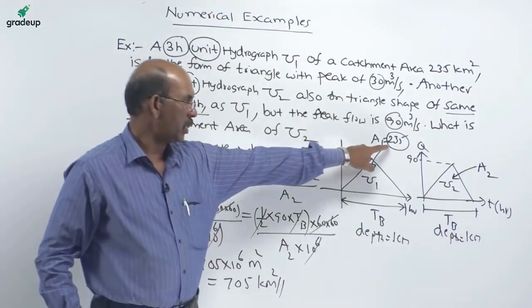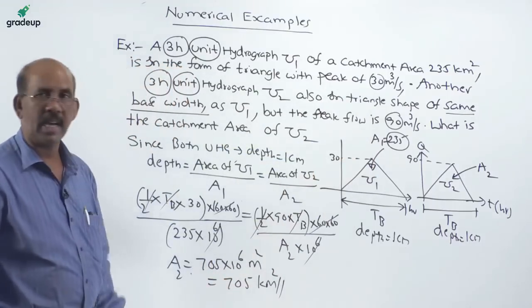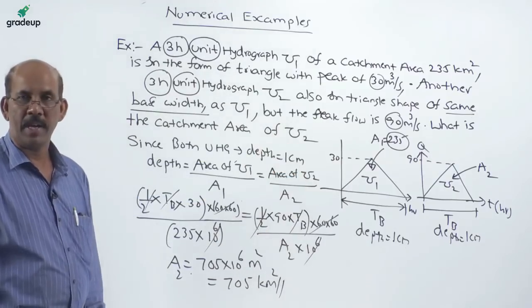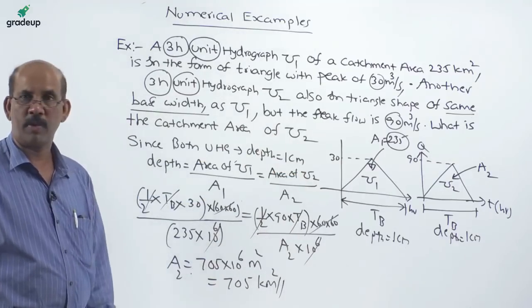So this catchment is 235 and the catchment area represented by the next hydrograph is 705.